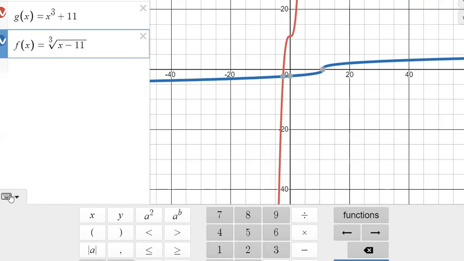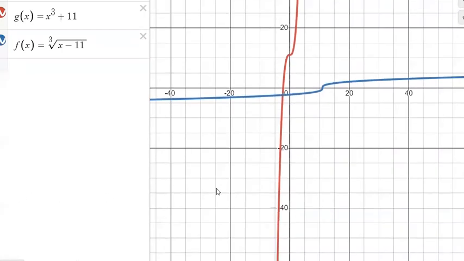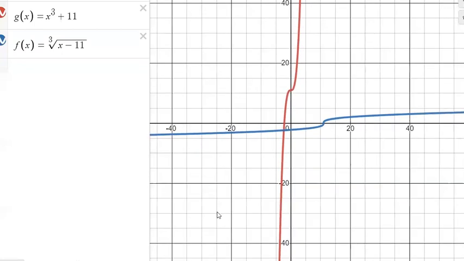And my inverse shows up in blue. What do you notice about the graphs? How is this red graph related to the blue graph? They're opposites. Yep.